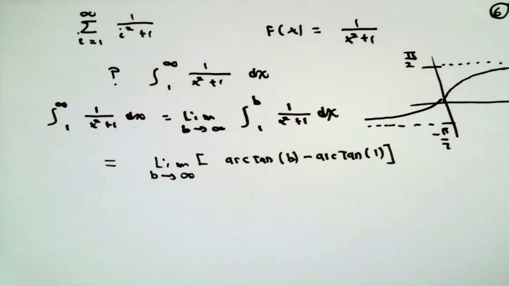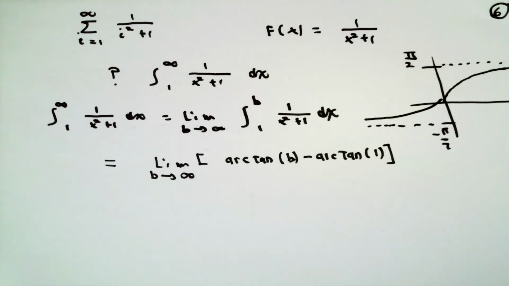As the input into the arctangent function becomes large, the value of the arctangent approaches pi over 2. There is no number that I can feed into the arctan function, though, that gives me exactly pi over 2. If I say arctan of infinity equals pi over 2, that doesn't make sense.